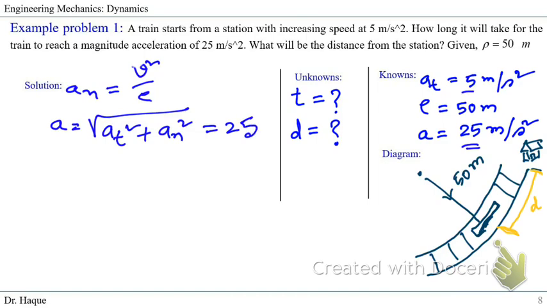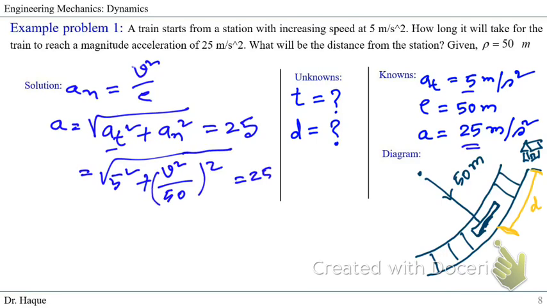Tangential component is given, so we can plug the value in. So it becomes 5 square plus v square over rho, we know rho, that is 50, whole square, equals 25. If we solve for this, we take the square on both sides: 625 equals 25 plus v to the power 4 over 50 square.